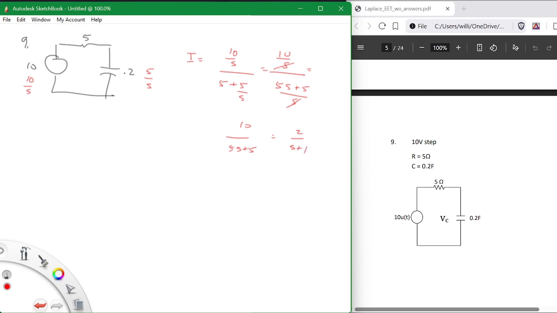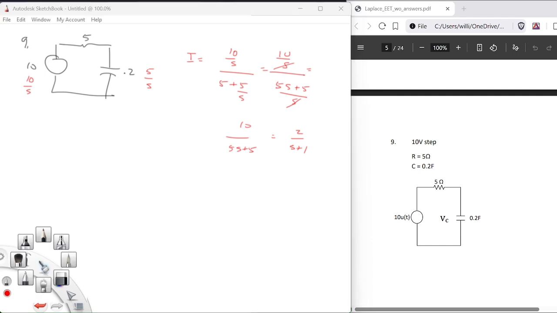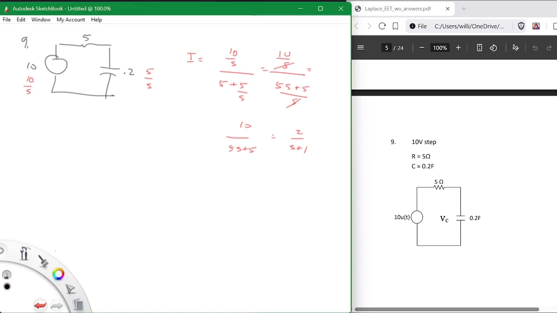Bingo. What's that? What is that? I of t is what? Two e to the minus t. That's all it is. Yeah, that's all it is.